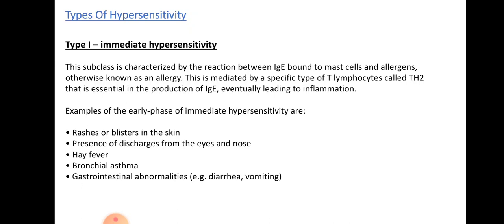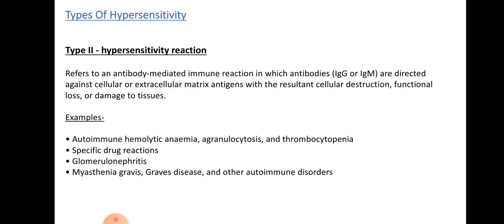Some examples are rashes or blisters in the skin, discharges from the eyes and nose, hay fever, bronchial asthma, and gastrointestinal abnormalities such as diarrhea and vomiting. So these are the abnormalities you come across in case of type 1 hypersensitivity.